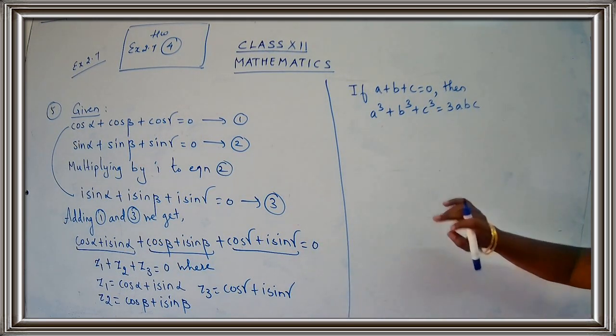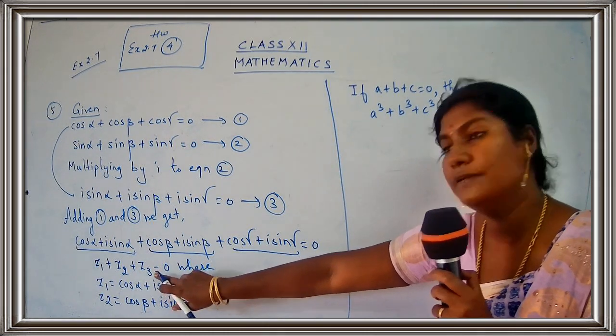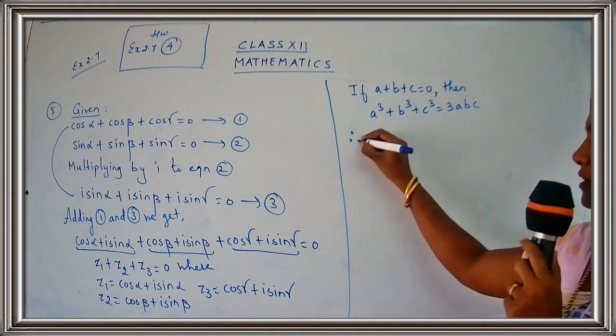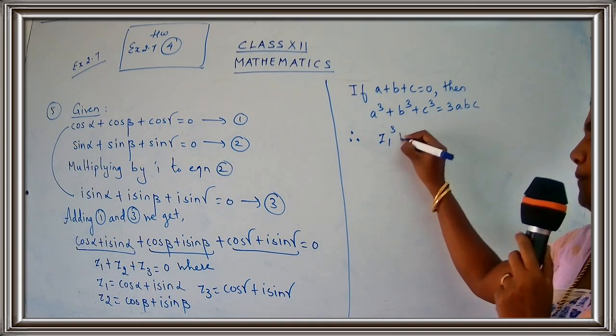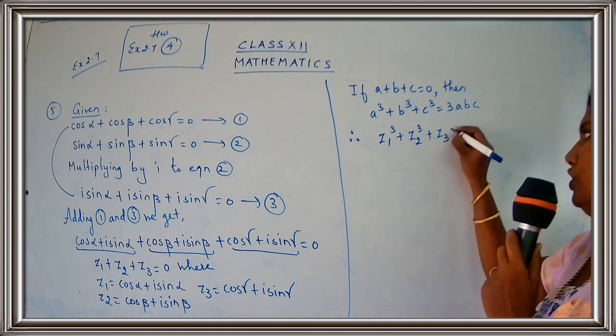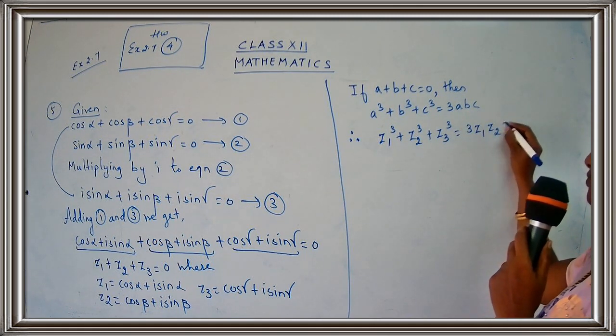So what is given here? Instead of A plus B plus C, you have Z1 plus Z2 plus Z3 is equal to 0. Therefore, Z1 cube plus Z2 cube plus Z3 cube is equal to 3 Z1 Z2 Z3.